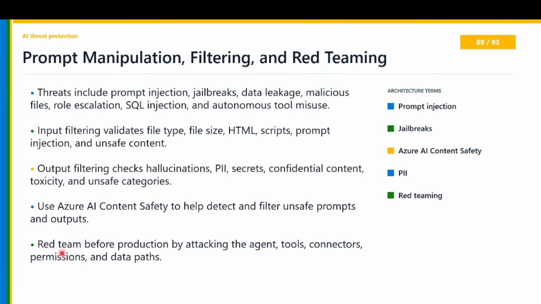Then implement red teaming. Red team before production by attacking the agent's tools, connector permissions, and data paths. So red teaming is just like chaos engineering, where you subject the agent to all these threats to determine the weaknesses of the agent. And then when you determine the weaknesses, you correct them by implementing any of these guardrails and then perform it again to test.